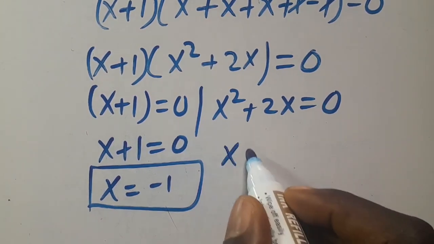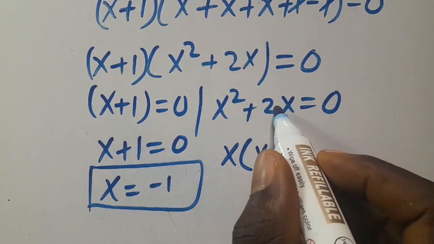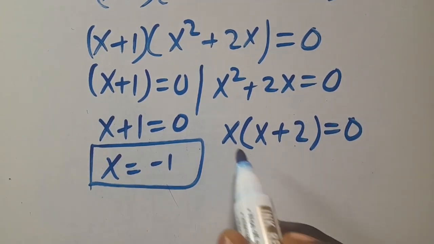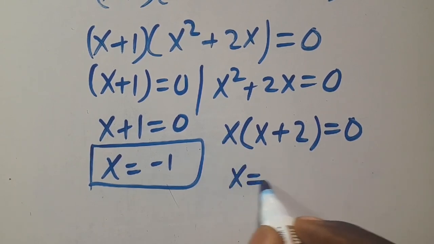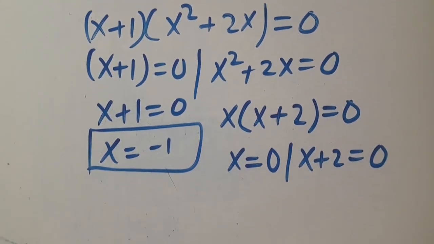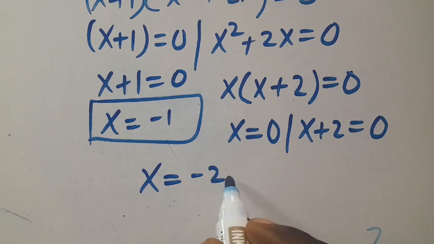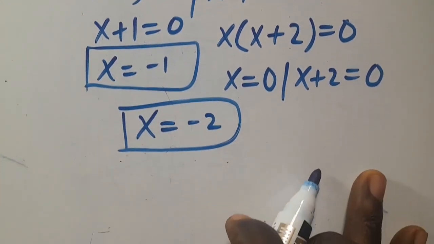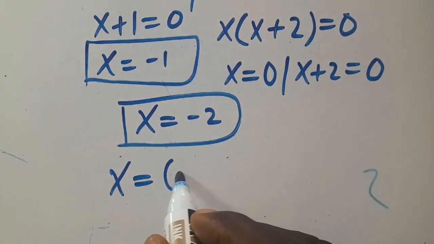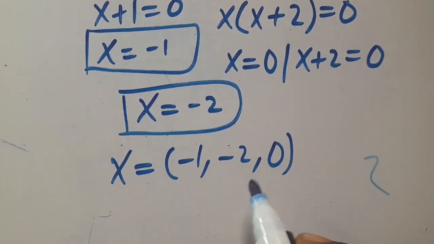So here will be x squared divided by x, we only have x left, plus 2x divided by x, we have 2, we close it. Then we set everything to be equal 0. Then for this again to be equal 0, it's either we have x to be equal 0, or we have x plus 2 to be equal 0. Therefore, from here, we have x to be equals minus 2. So therefore, finally, we have our x to be equals minus 1, minus 2, 0. Then let us check.